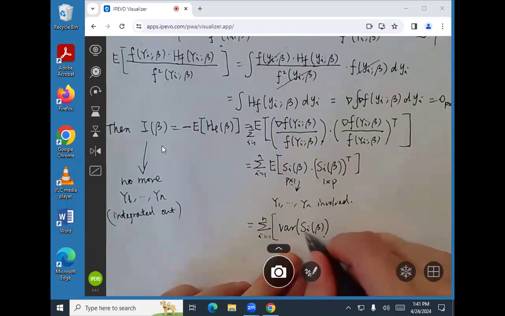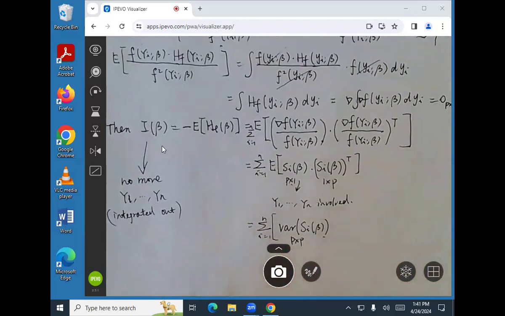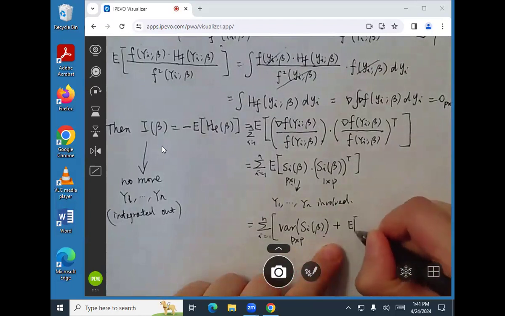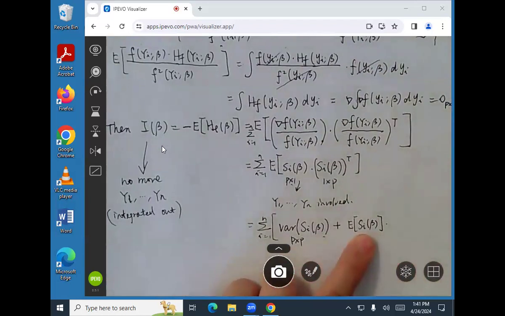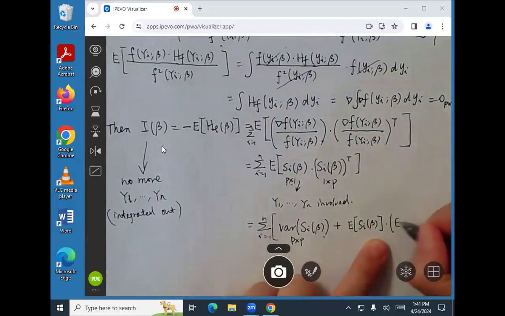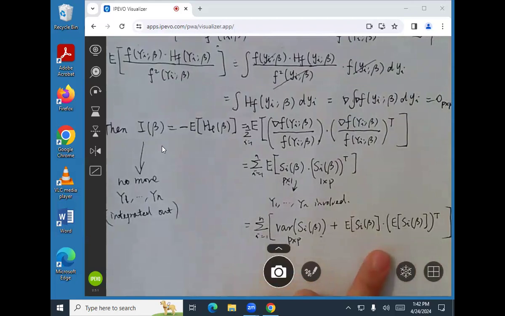This is a p-dimensional random vector. This variance covariance matrix is p by p, just like the one we have for beta hat, if you remember. Variance of beta hat is a p-dimensional covariance matrix. Plus the expectation of Si(beta), which is p-dimensional as well, times the transpose of the expectation of Si(beta).